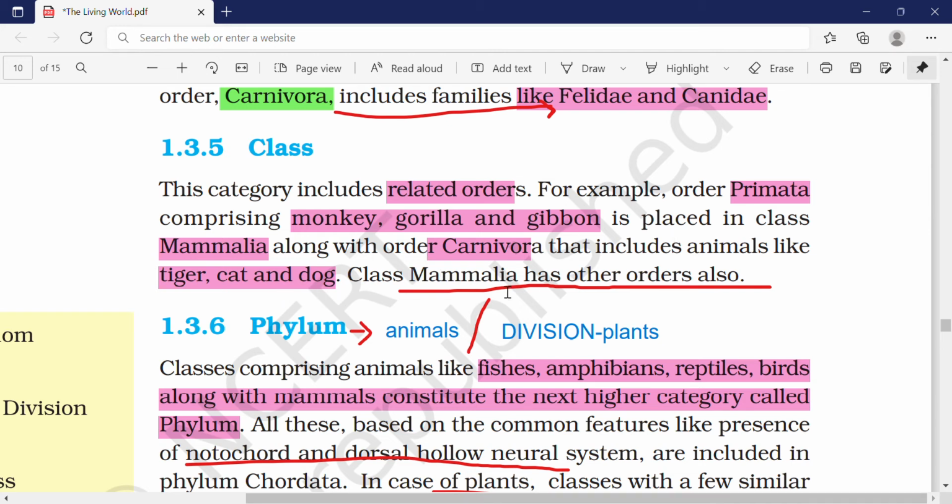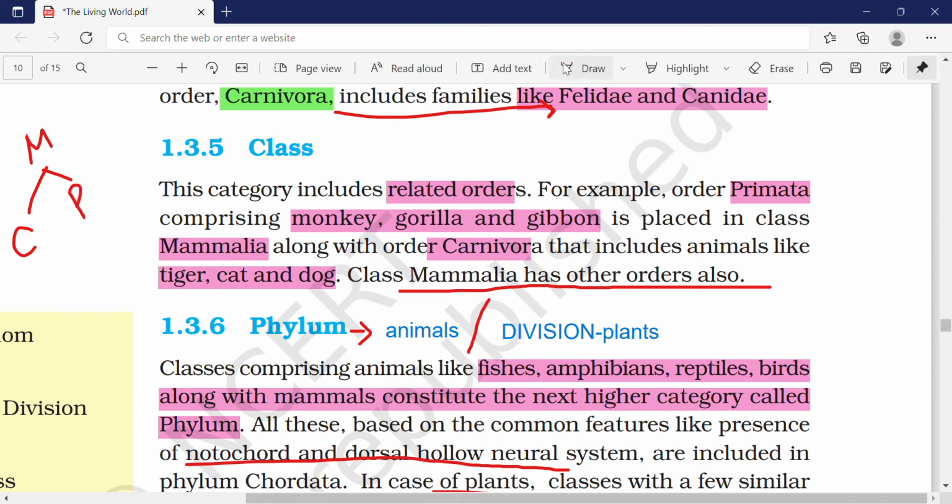Primata includes monkey, gorilla, gibbon, and Carnivora includes tiger, cat, and dog. So Carnivora and Primata together are placed in Mammalia. Mammalia has Carnivora and Primata.